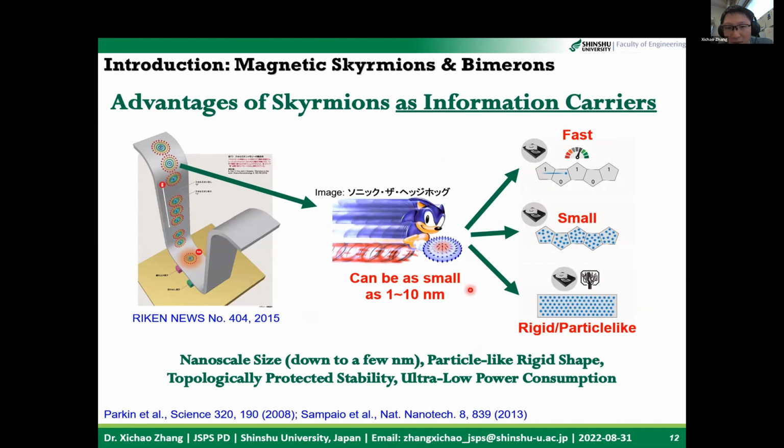Second, the skyrmion can be driven into very fast motion by electric currents, which means it can be used for ultra-fast operation in spintronic devices. Third, the skyrmion is a rigid object and could have an ultra-low power consumption. So it means skyrmions can also be used to build devices with low power consumption.